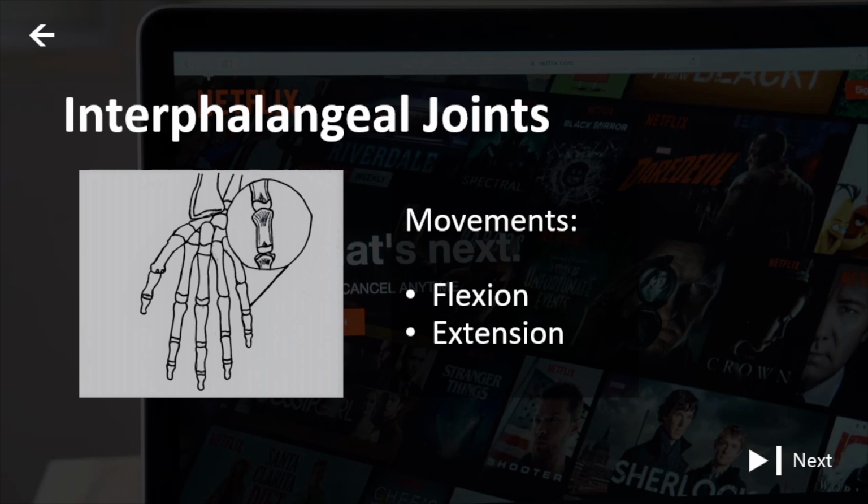Flexion of the interphalangeal joints of the fingers is accomplished by the flexor digitorum profundus, acting on the proximal and distal joints, and by the flexor digitorum sublimis, acting on the proximal joints. Extension is effected mainly by the lumbricals and interossei, the long extensors having little or no action upon these joints.